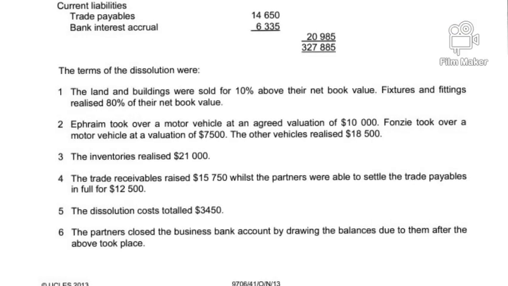Ephraim took over a motor vehicle at an agreed valuation of 10,000. Fonzi took over a motor vehicle at a valuation of 7,500. The other vehicles realized 18,500.